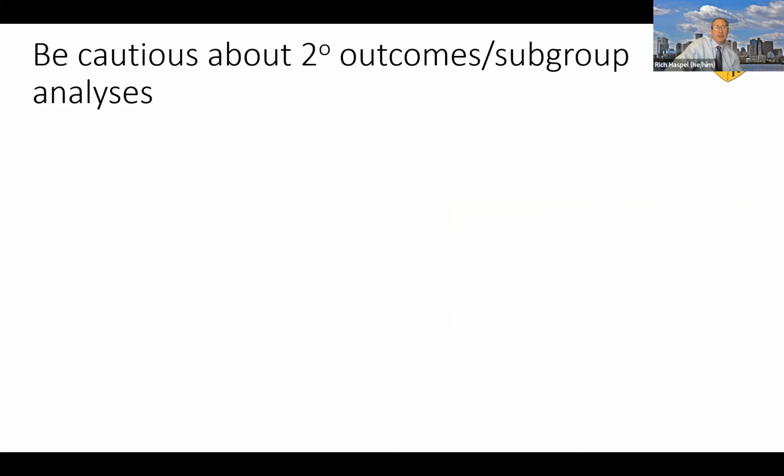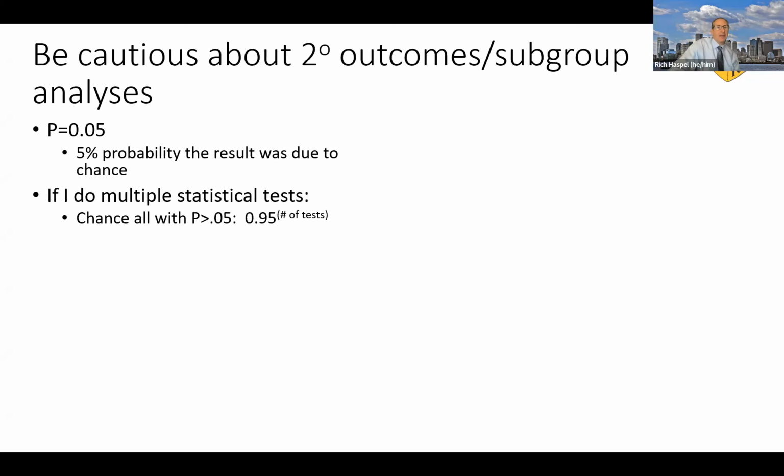Another thing is to be really cautious about secondary outcomes in subgroup analysis. If you're using a p-value of 0.05, there's a 5% probability that the result was due to chance. If you do multiple statistical tests, the chance that every subgroup or secondary outcome I look at will have a p-value greater than 0.05 is 0.95 to the number of tests.